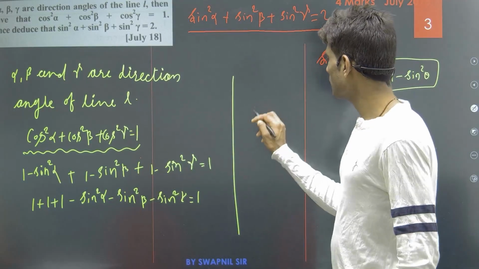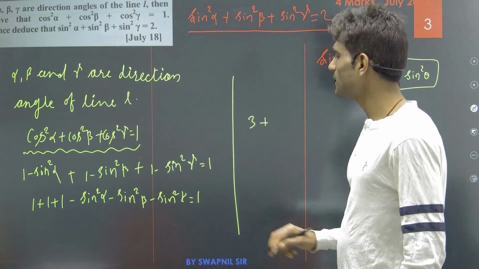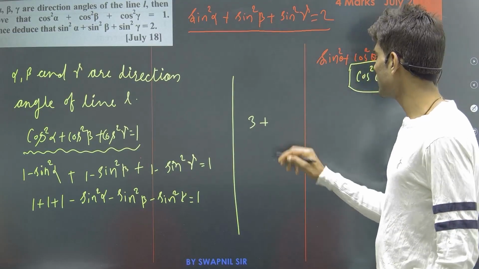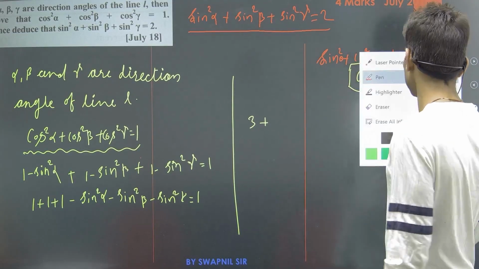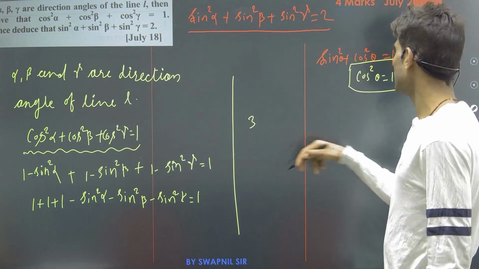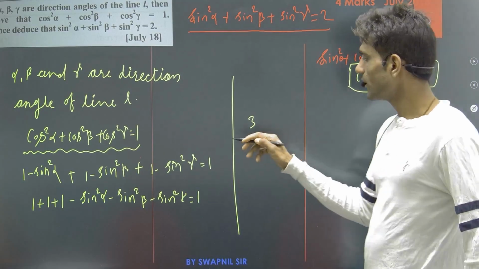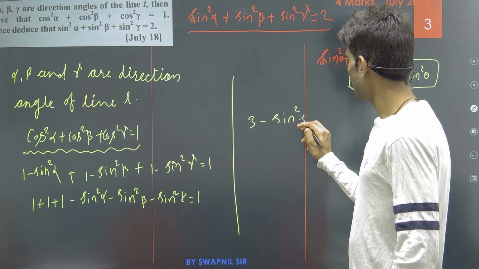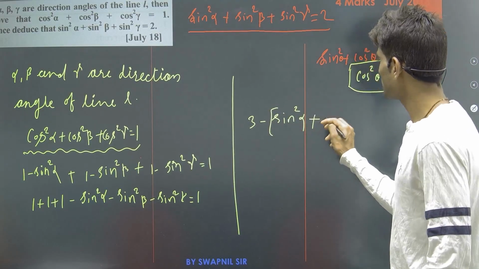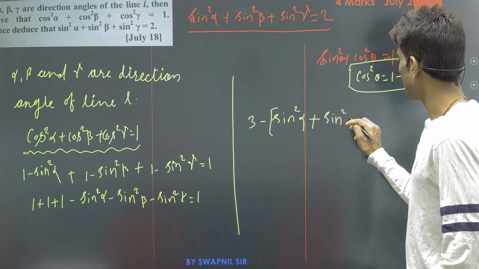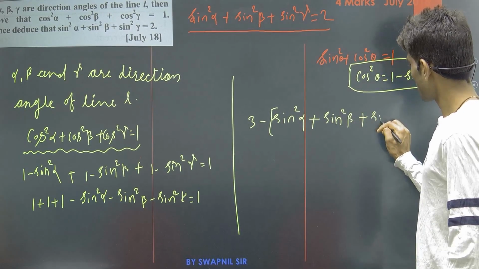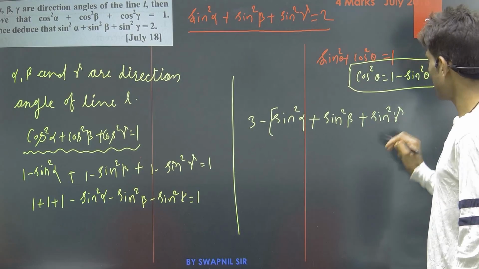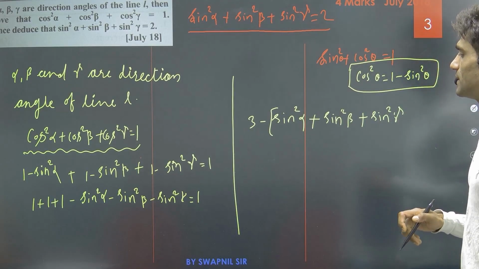So we write 1 plus 1 plus 1, which is 3, and take the minus sign common. So minus of the bracket sine square alpha plus sine square beta plus sine square gamma.